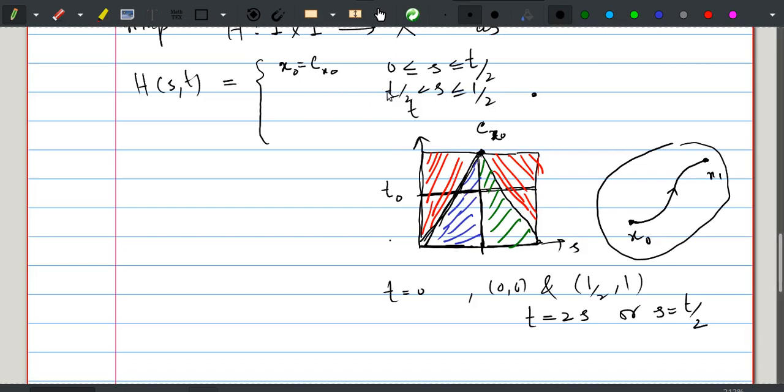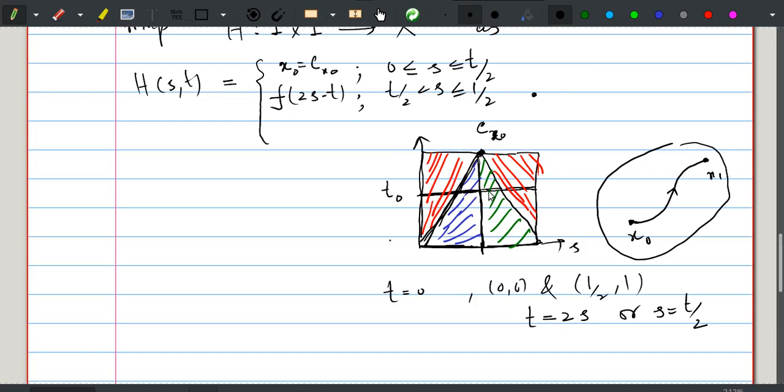In this region it travels f, so the argument is 2s minus t. This argument comes when we normalize this interval here, so this is t by 2.